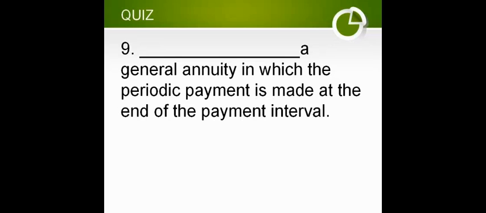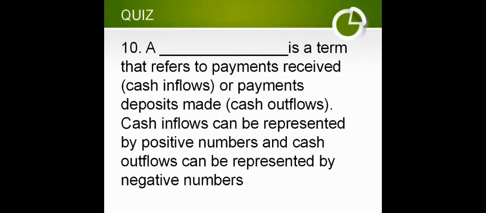Number 9, blank is a general annuity in which the periodic payment is made at the end of the payment interval.